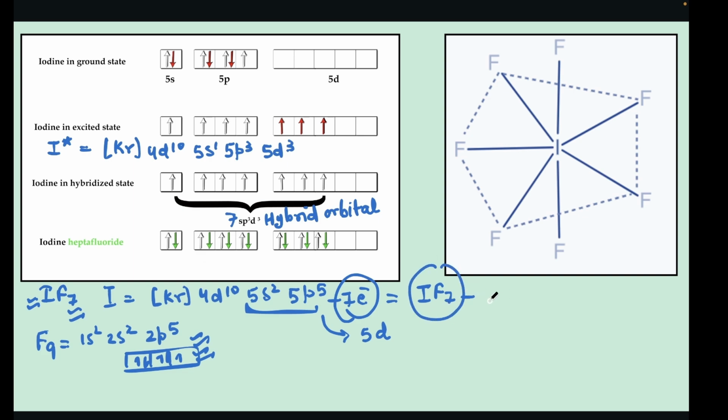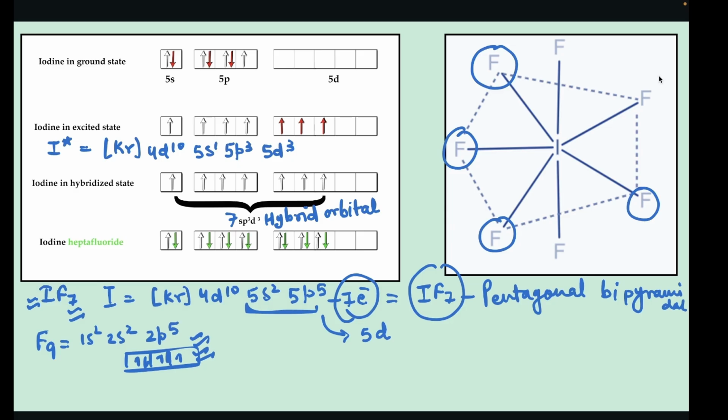and its geometry will be pentagonal bipyramidal. Like here you can see there are 5 fluorine atoms in one plane, 3, 4 and 5.